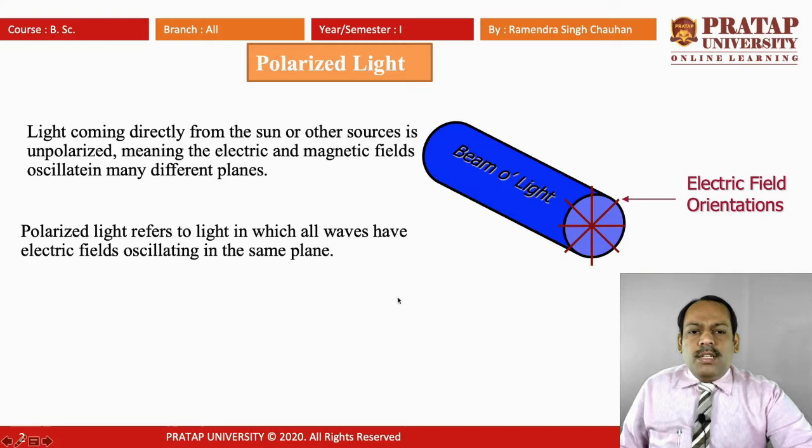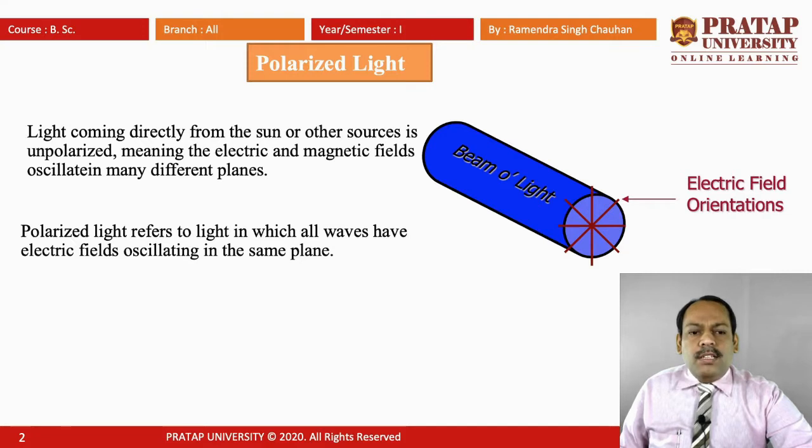what we can see is that the vibrations of the light, because we know light is an electromagnetic wave, so it has an electric field and a magnetic field. When we are considering polarization, which is an optical property, we are considering the electric field or electric vector.